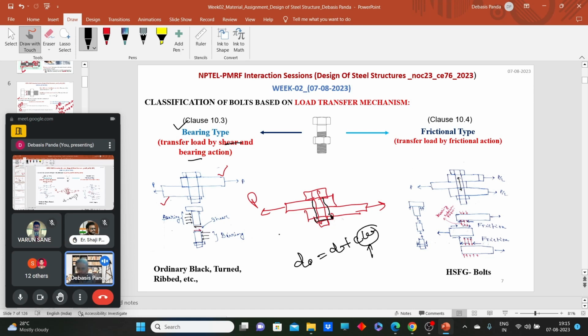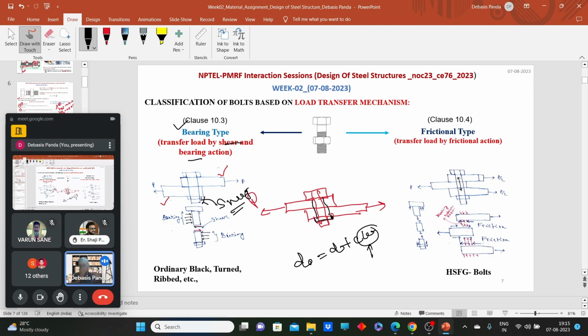For the bearing type bolts, what I said in the last class is that we tighten this nut up to the snug tight condition. Snug tight means tightening up to the level where the members are firmly joined together. That means we are not introducing any kind of pretension to the bolt.